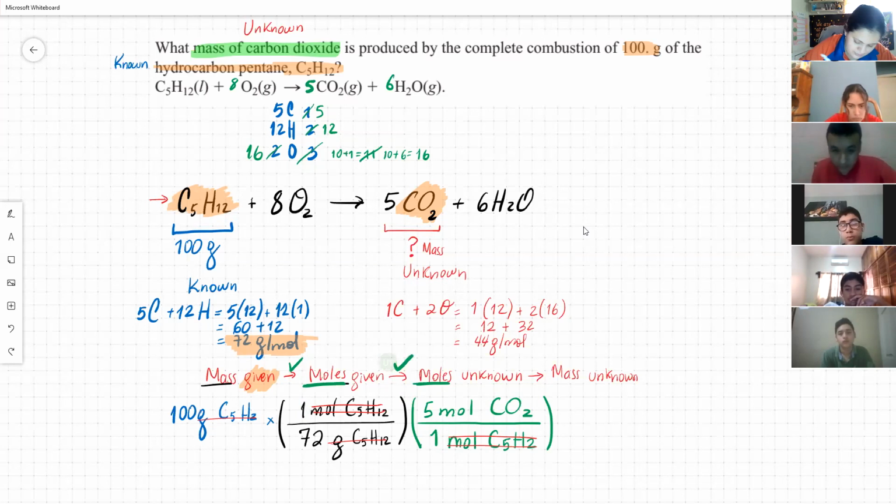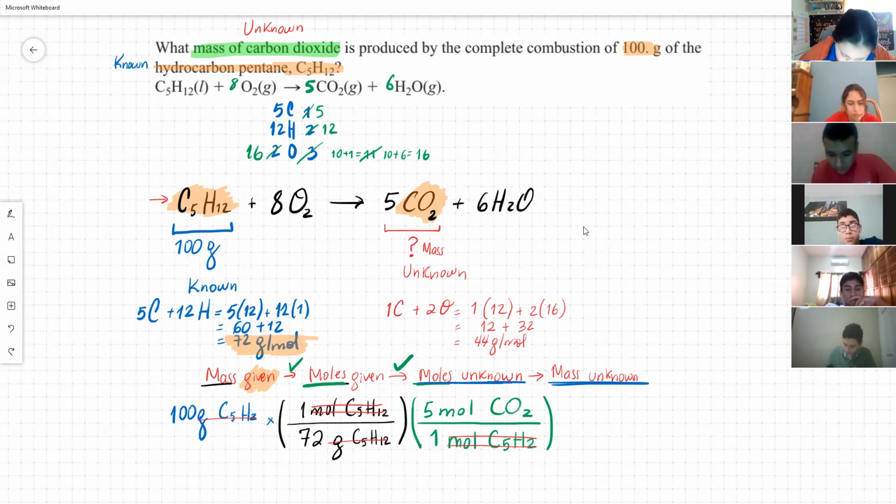And then I move on to the next step, that is from moles unknown to mass unknown. What am I going to be using? The molar mass of the unknown, okay?